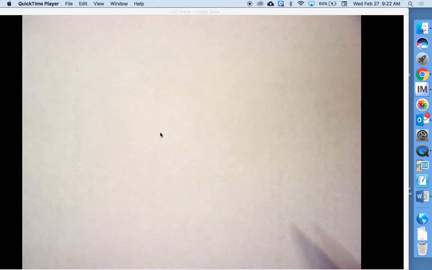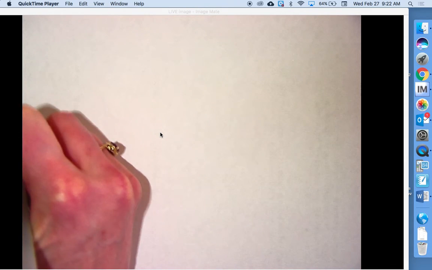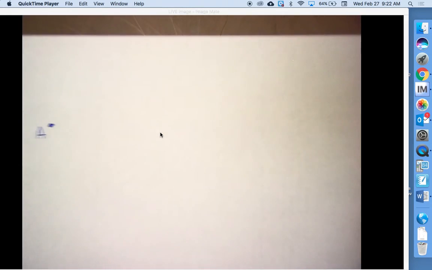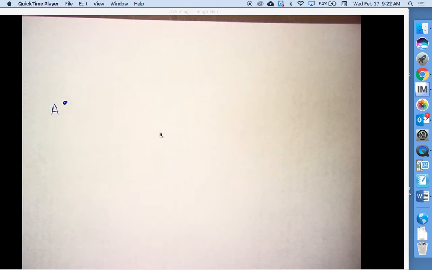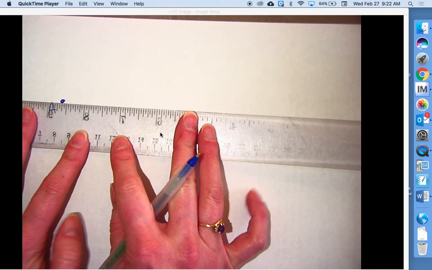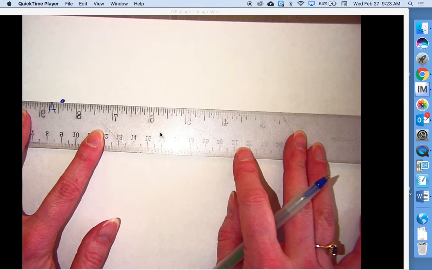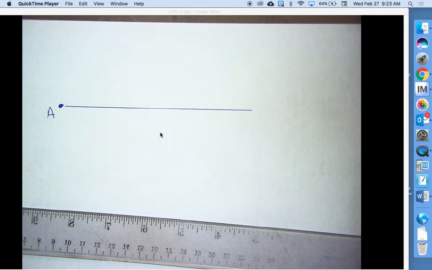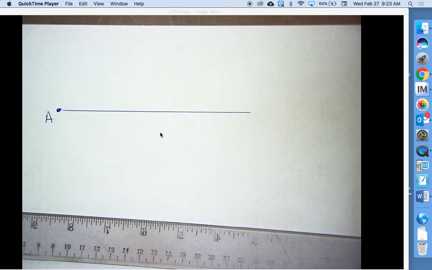When you start, the first thing you need to do is put a point on the left of your page, and we're going to call that the location of angle A. Then you're going to make the base of your triangle. From angle A, draw a line, as straight as you can. It doesn't matter how long you make it because we don't know the length of that side. You're just making the base of the triangle.